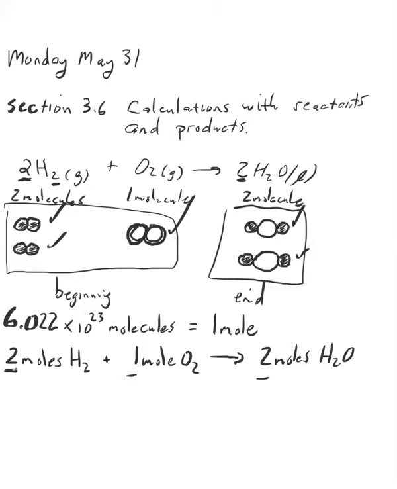But our formula for making these cakes is a 2 to 1 ratio. 2 of these for every 1 of those gives us 2 of the cakes. Now we're going to use moles. And what's useful for that is that based on our idea of molar mass, right? We talked about that back in section 3.42. This is the number of grams of a substance per 1 mole of a substance, right?